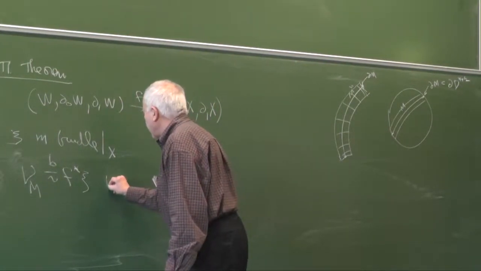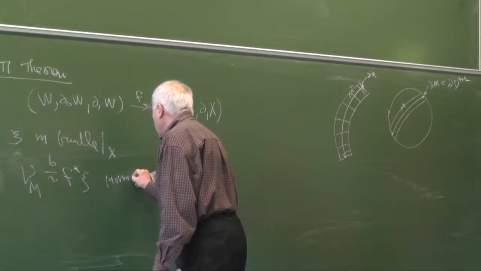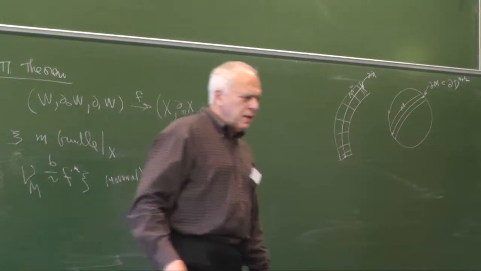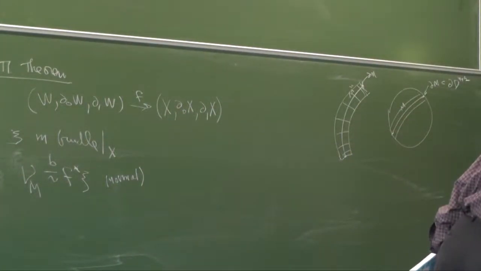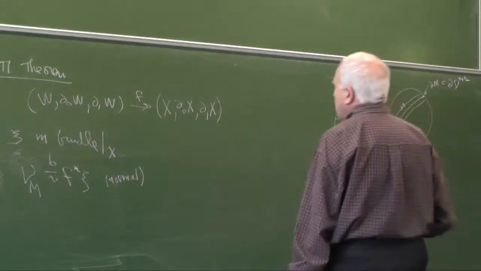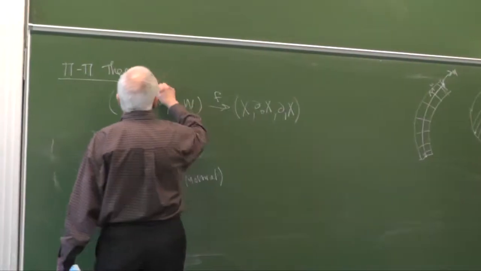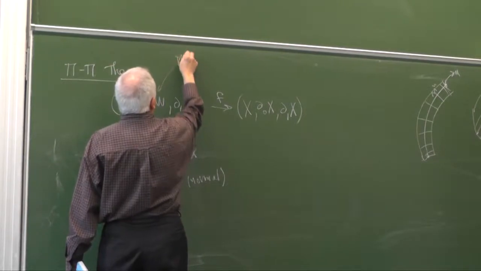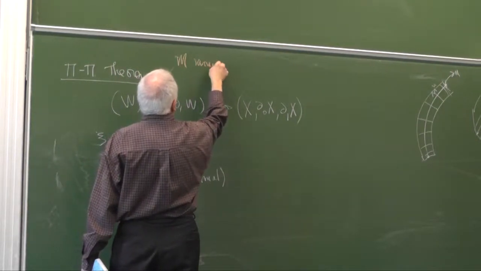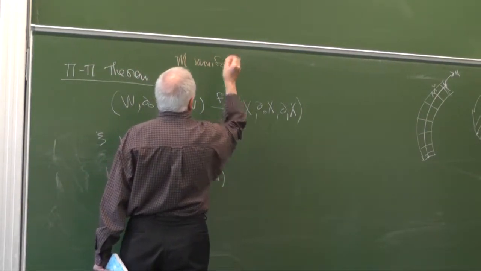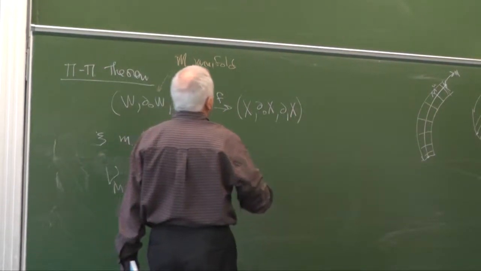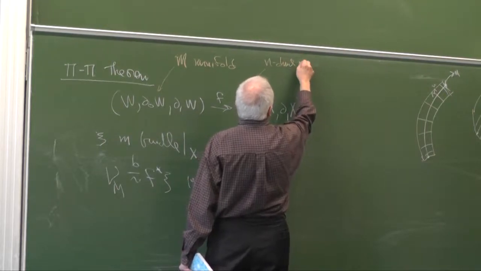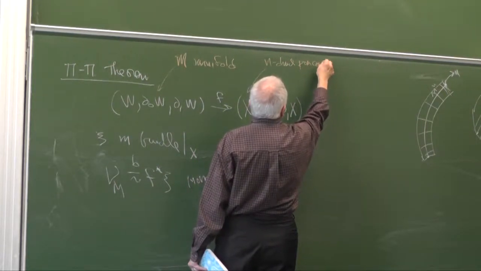So this is the normal part, and then the data, as before, is that this is an n-manifold. This is an n-dimensional Poincaré triple.